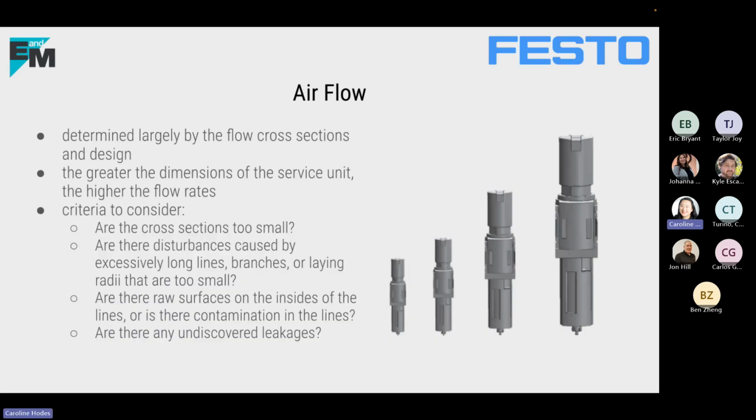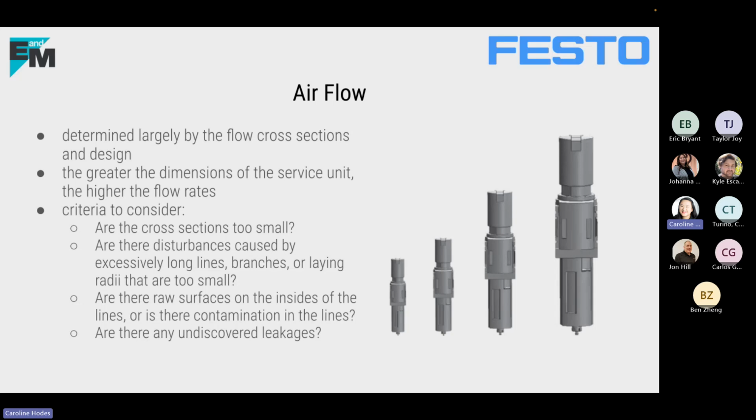Going over a little more detail about airflow. Airflow is determined largely by the flow cross sections and the design. The greater the dimensions of the service unit, the higher the flow rates, and the smaller the dimensions of the service unit, the smaller the flow rates. Some important criteria to consider when thinking about airflow: are the cross sections too small?